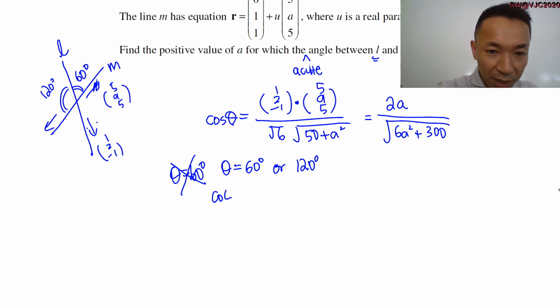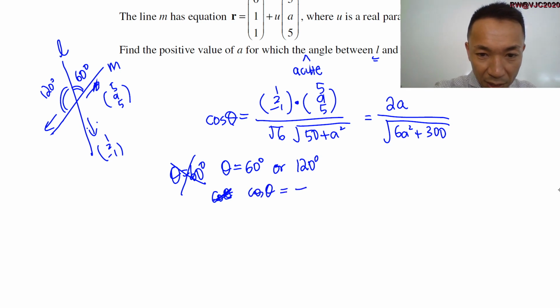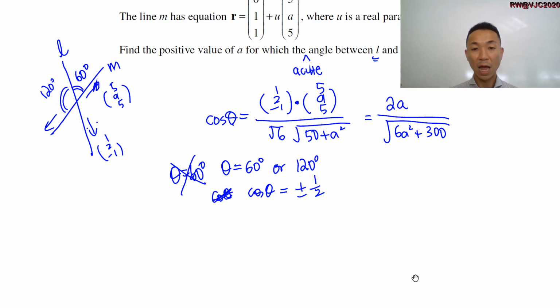So, you say cosine theta must be plus minus half. At this point, we say, okay, by chance, look at the right-hand side expression here. The question asks for a positive value of a, and a is positive. If a is positive, the denominator, of course, because it's square, is always positive, so cosine theta will never be negative.